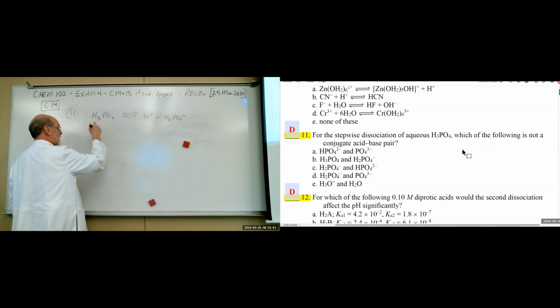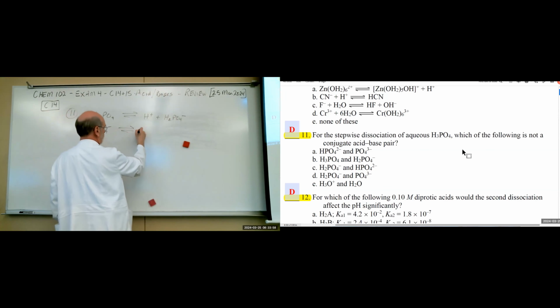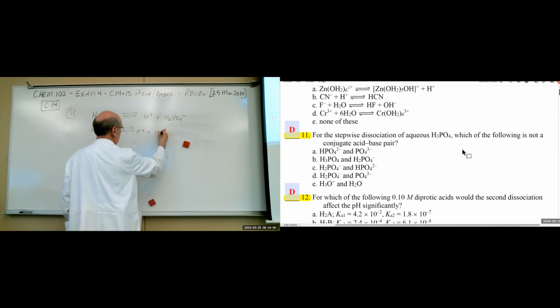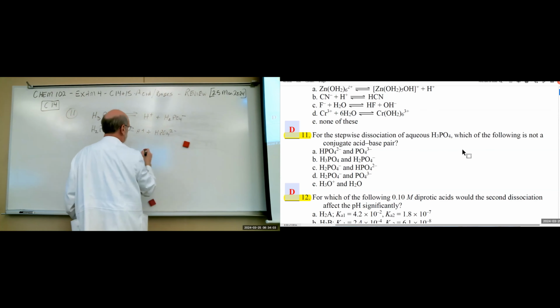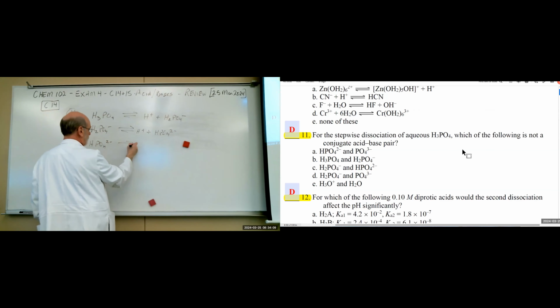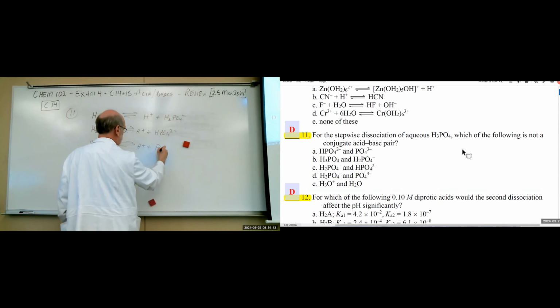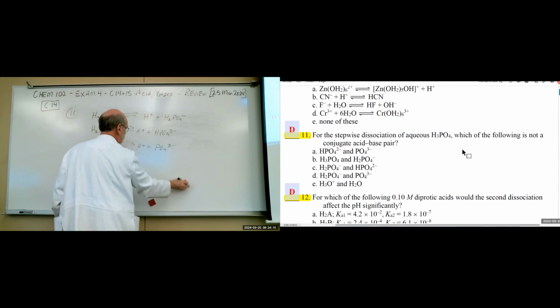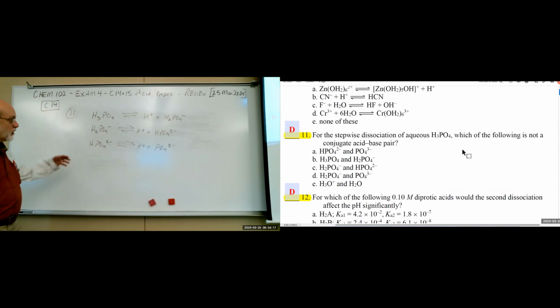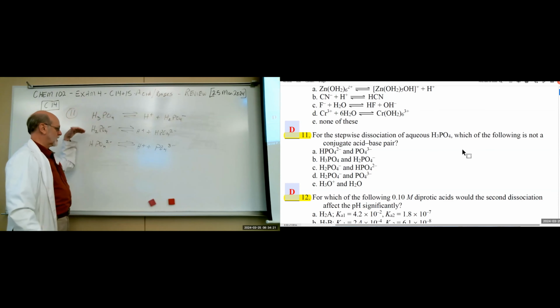Then we take that product and get the next proton, and then we take that one and get the third proton, PO4 3 minus. So that's the stepwise dissociation of phosphoric acid. One proton, second proton, third proton.